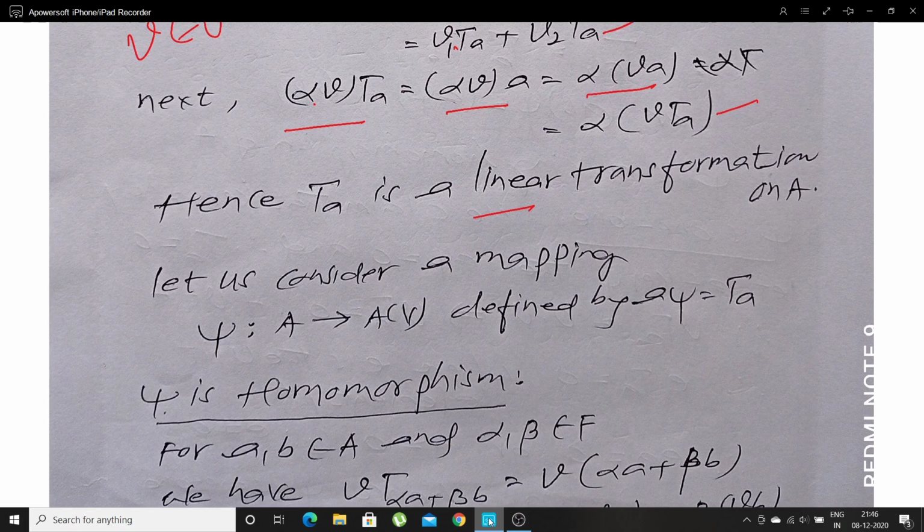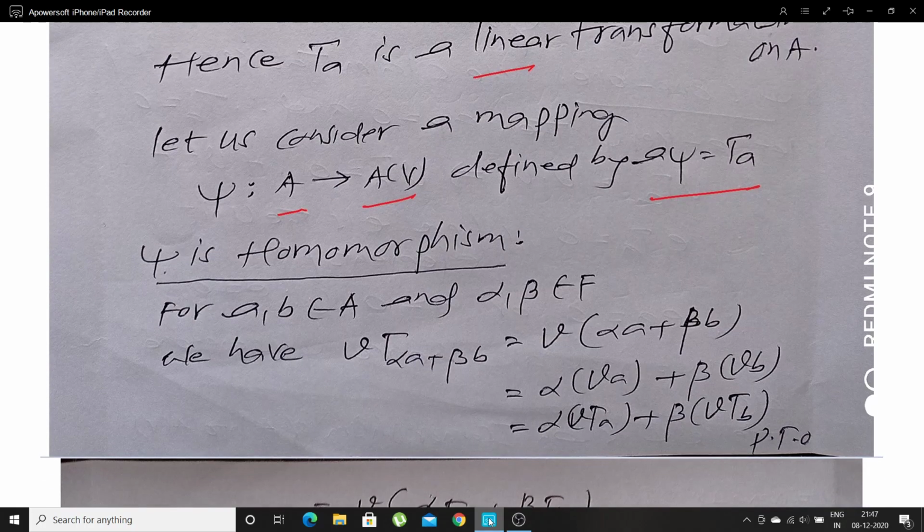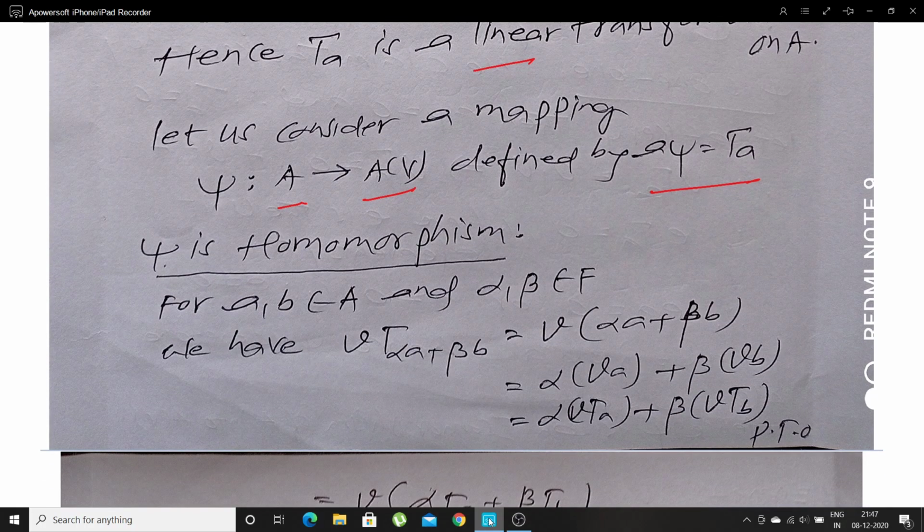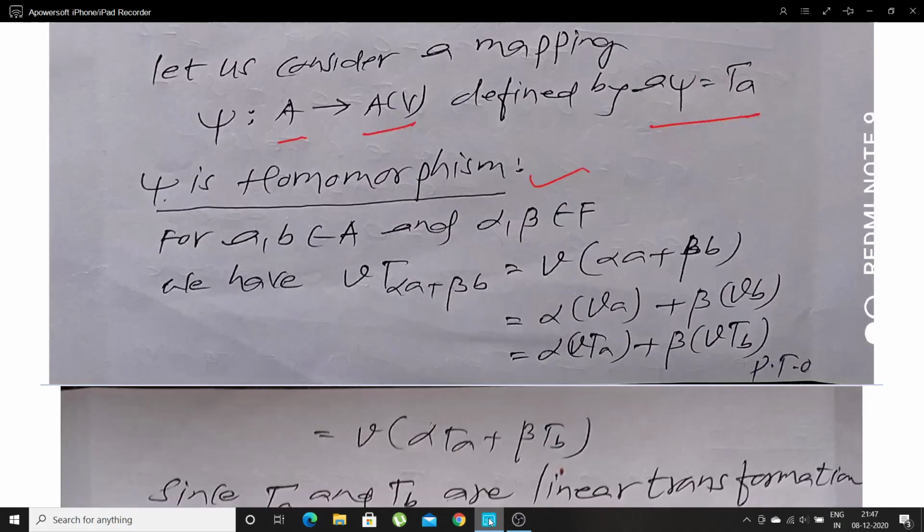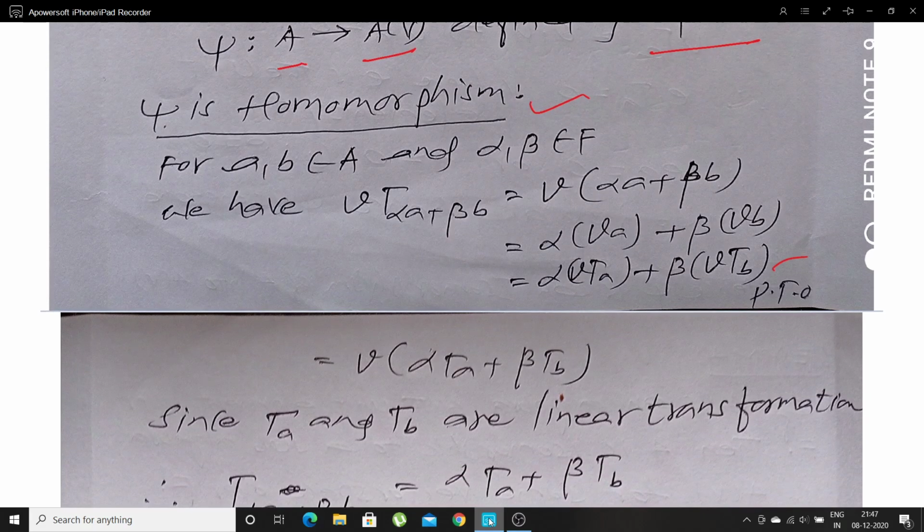Now let us form another mapping, from algebra A into subalgebra A(V), defined by the condition a psi equal to T_a. Again, clearly the new mapping is a homomorphism because the property is very simple.